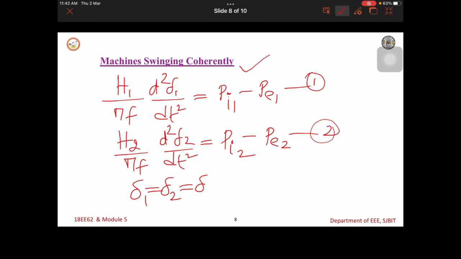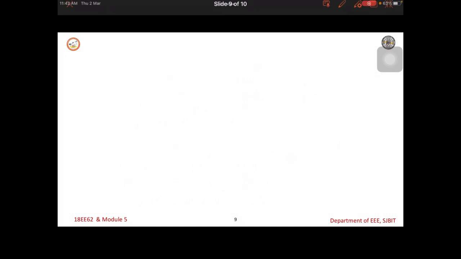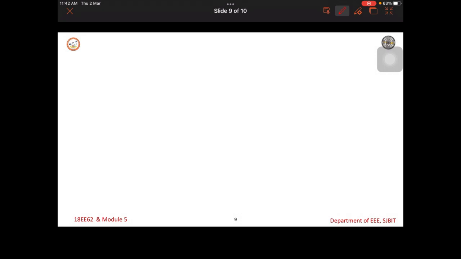So, adding equations 1 and 2 and substituting equation 3, we get the following. Here Pi is the input power, the total power input, Pi1 plus Pi2.